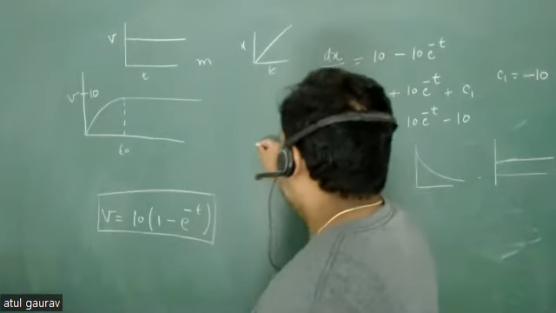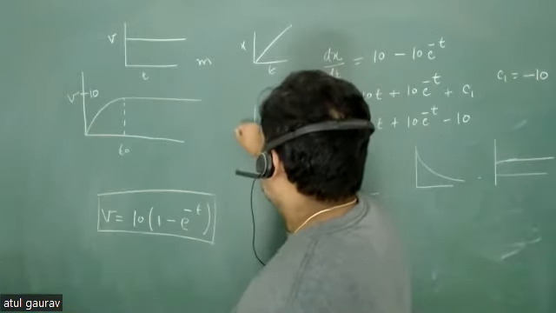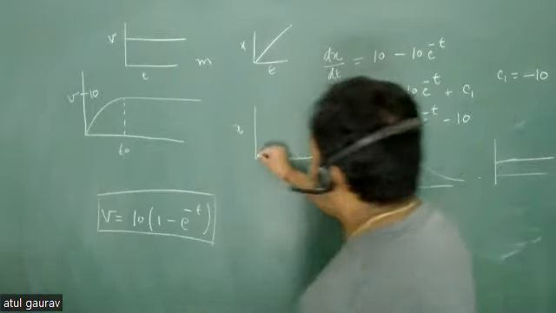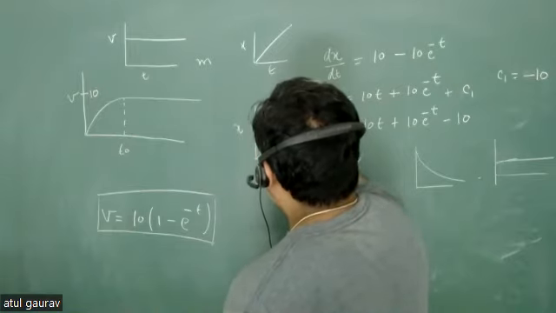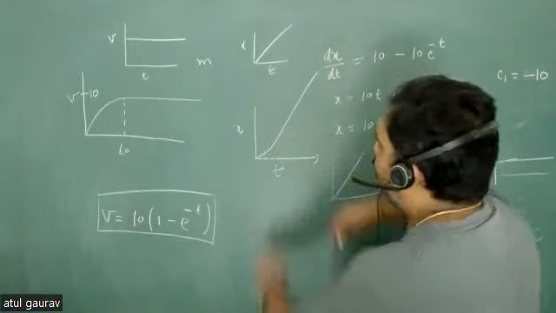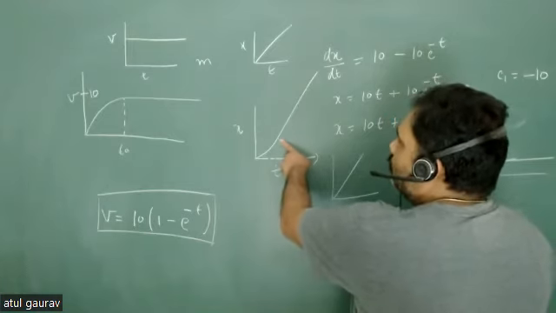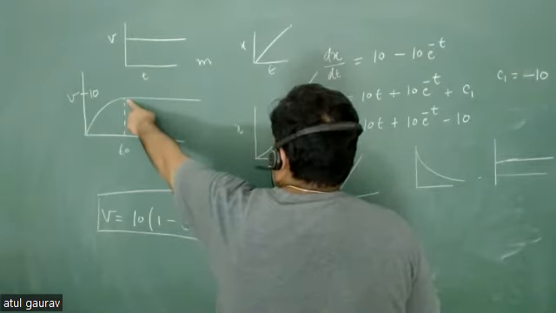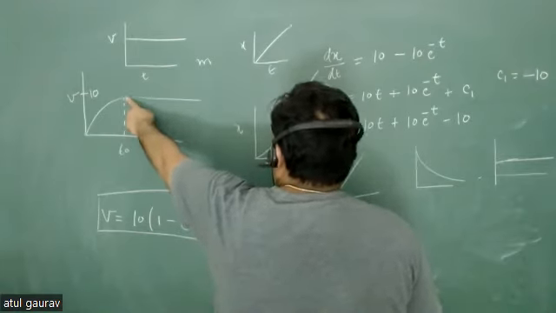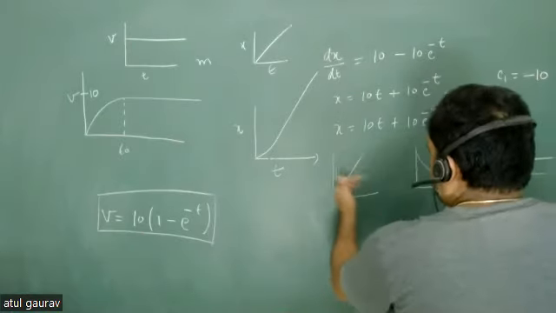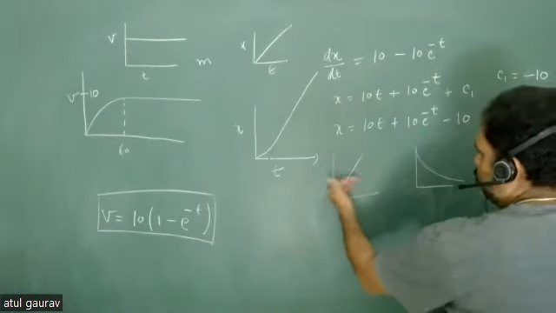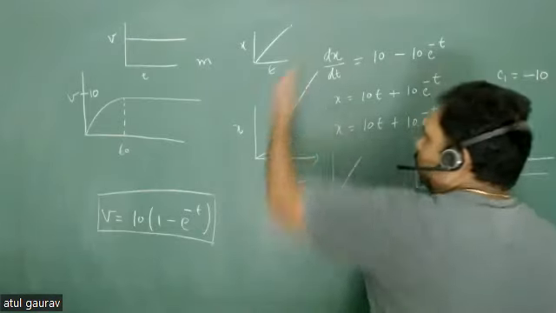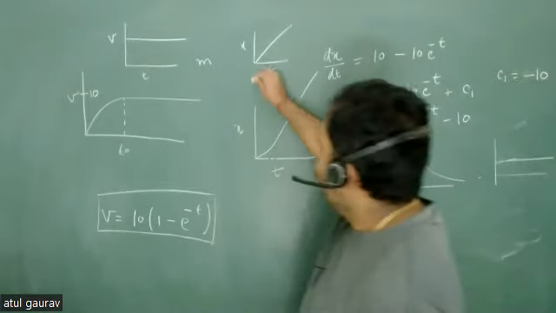So obviously, if we plot x versus t, initially we will start from 0. It will take some curve, and after that it will be more or less a straight line. It will try to pull this down and change the slope a little, because this term is decaying, so the slope changes a bit, but finally it is just going to dominate this one, and it will just go as a straight line. Are you getting my point?